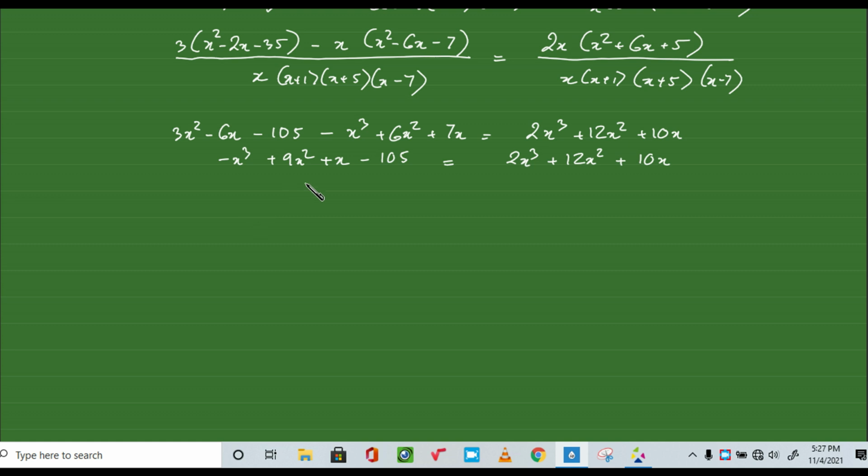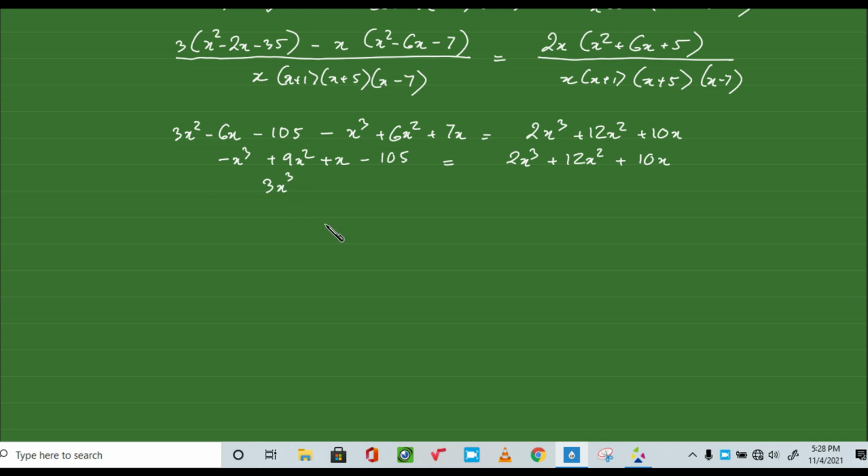Okay. So what we have left over here is let's combine that term right here. Let's see. You will have 3x to the third. 3x to the third.